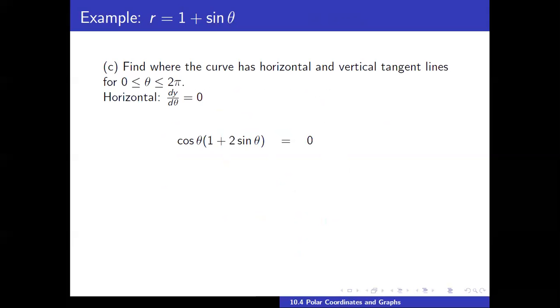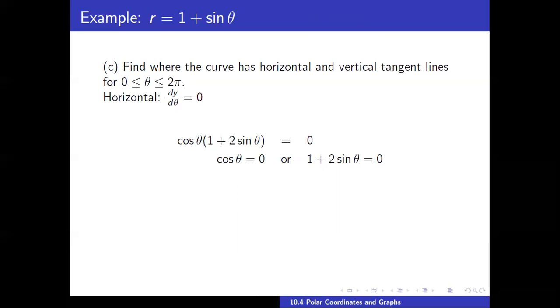So we set dy d theta to 0, which, what does that mean? If that's 0, what has to be going on? One of two things. Either cosine of theta is 0, or 1 plus 2 sine of theta is 0. Those two things are the only possibilities.